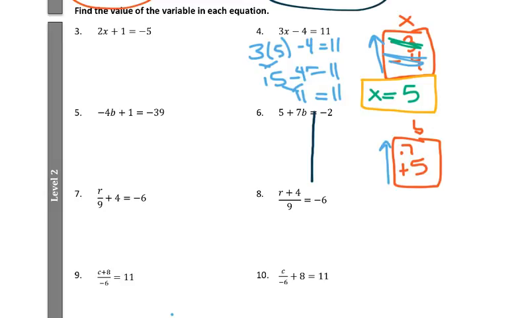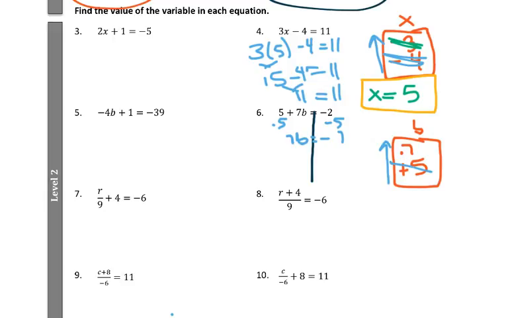We're going to do the opposite steps backwards. So that means the first thing we need to do is subtract 5 from both sides. That leaves us with 7b equals negative 7. Negative 2 minus 5 is negative 7. Okay, that takes care of that step there.